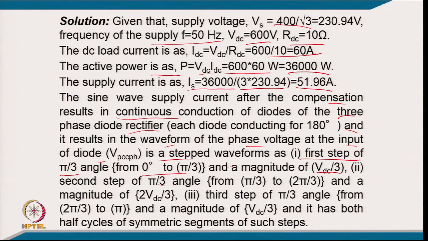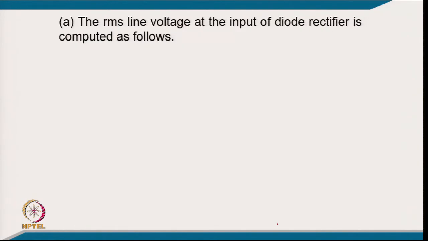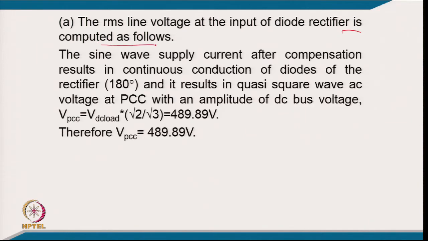The second step of pi by 3 angle, from pi by 3 to 2 pi by 3, has a magnitude of 2 VDC by 3, and the third step, again of pi by 3 angle, from 2 pi by 3 to pi, has a magnitude of VDC by 3, and both half cycles have symmetric segments of such steps. The RMS line voltage at the input of the diode rectifier is computed as follows.